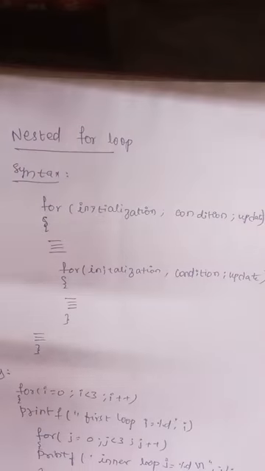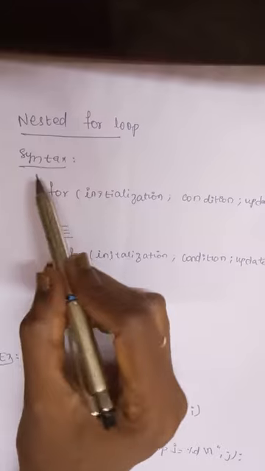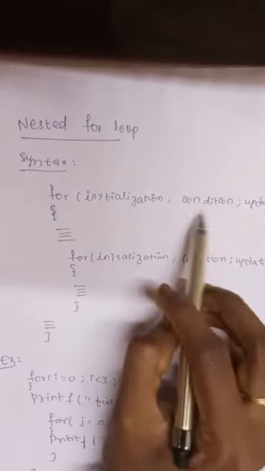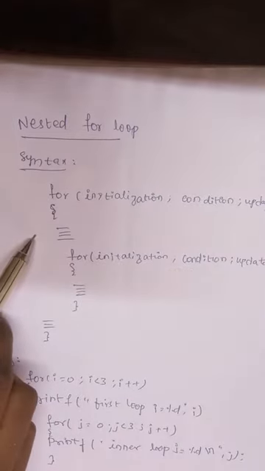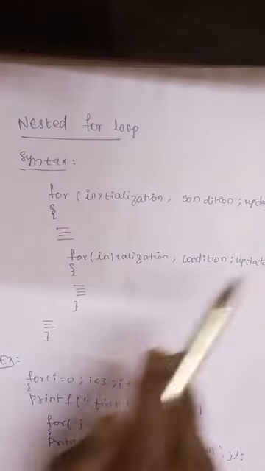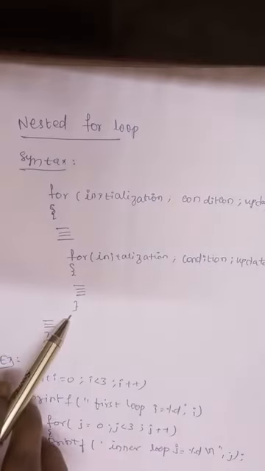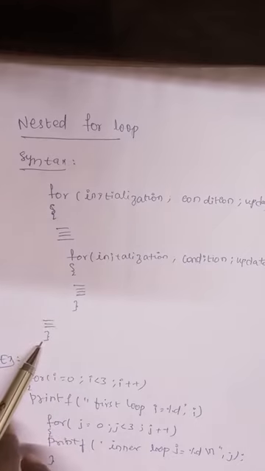Now look here, syntax first we'll see. For initialization, condition and updation of values. And here some set of statements, under that one more for loop, initialization, condition, updation. Next set of statements, and this for loop is closed, and the same set of statements under the for loop.